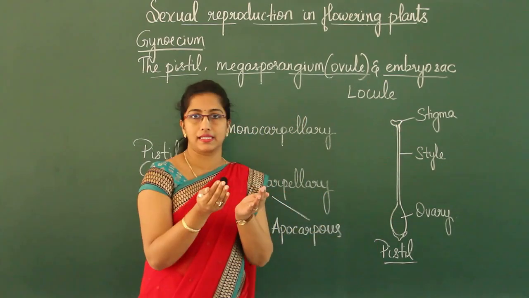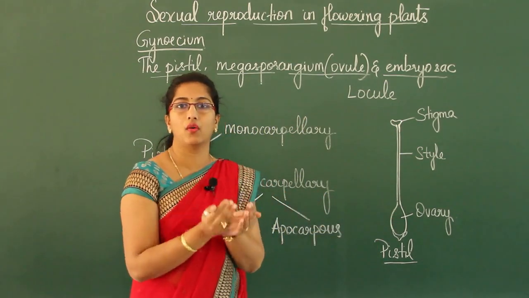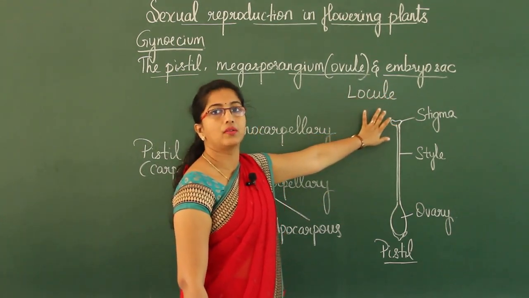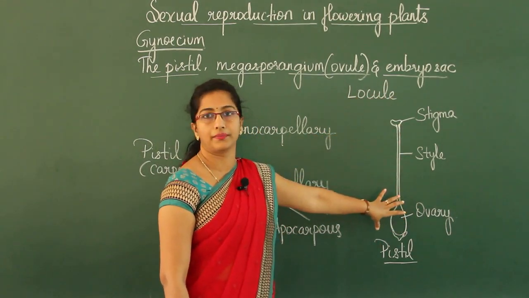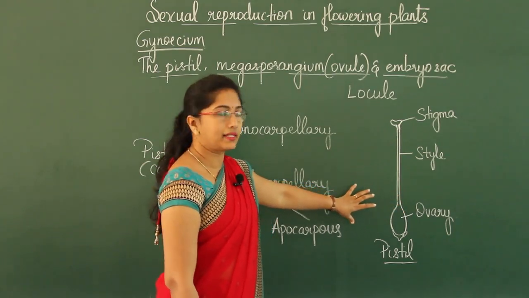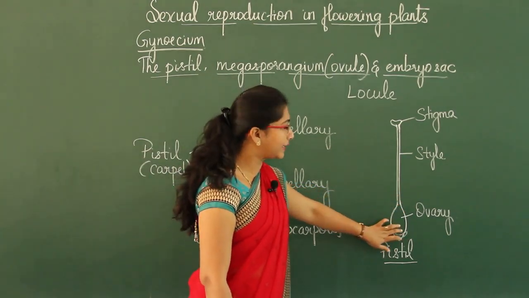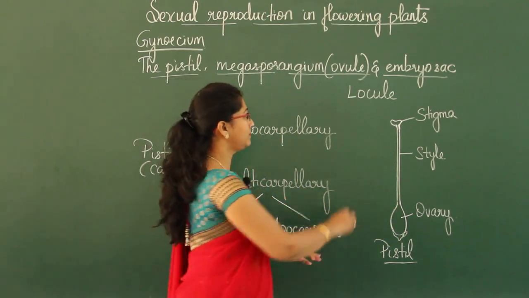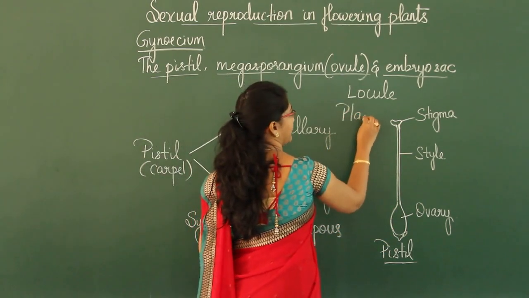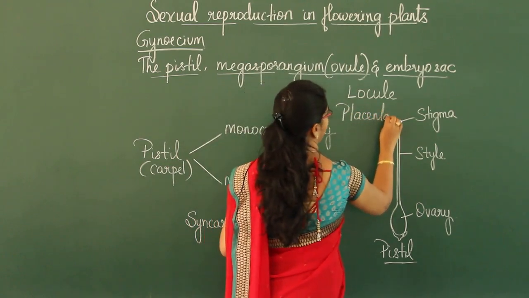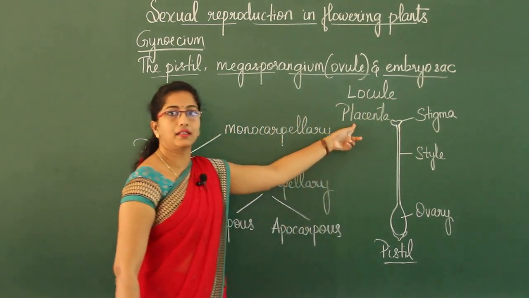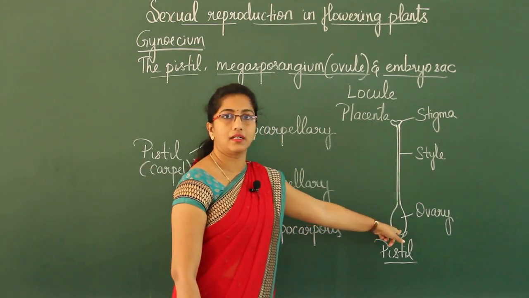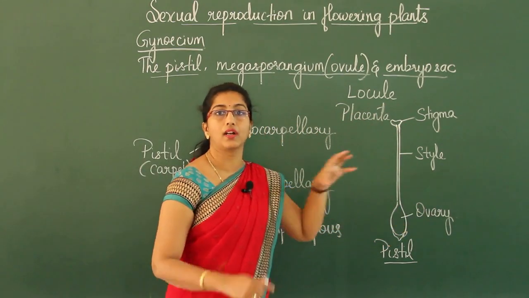Within this locule you will find a tissue which we call placenta. Placenta is a tissue which we find inside the ovarian cavity, that is inside the locule.